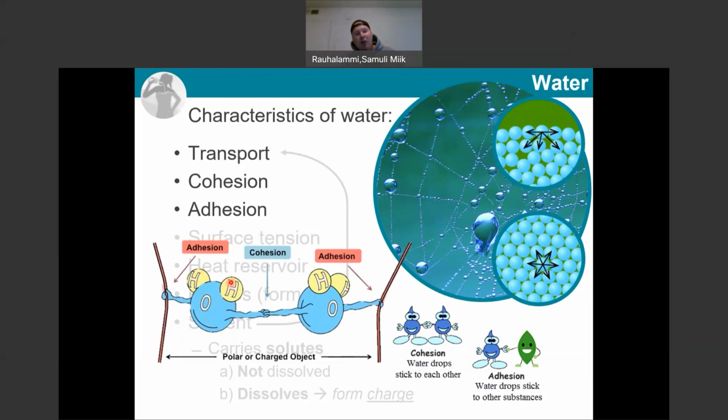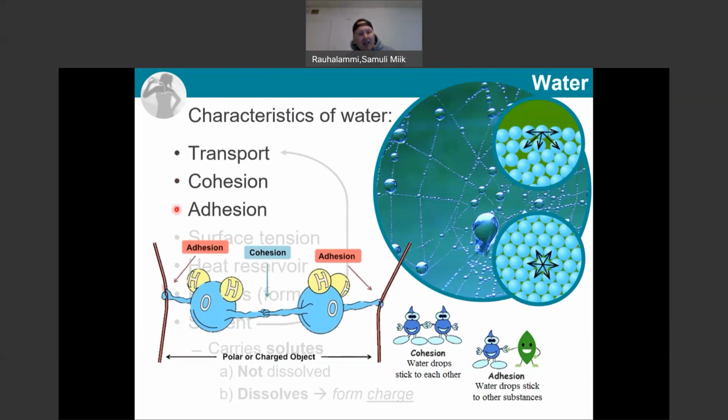So there was a partial charge difference, and these partial charge differences from one water molecule to another caused the bonding pattern, the hydrogen bonds that we saw and discussed. So cohesion refers to the fact that water molecules are attracted to each other.